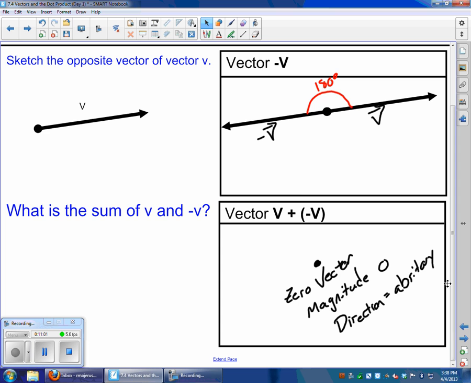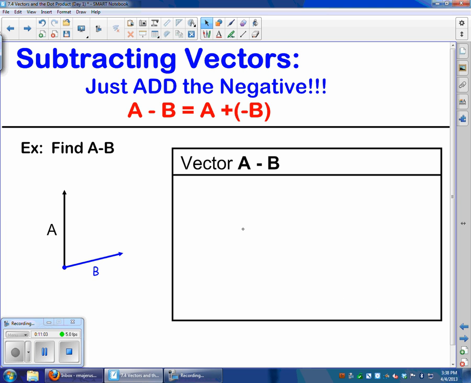All right, one last thing here, subtracting vectors. We really don't ever subtract vectors, but instead we just add the negative. So if we're trying to look for vector a minus b, we're really just going to find whatever a plus the opposite of b is. So if we take a look at this one real quick, find vector a minus b. Here's a, here's b.